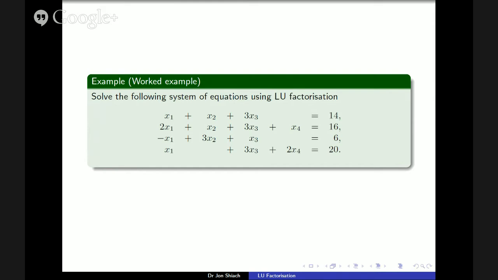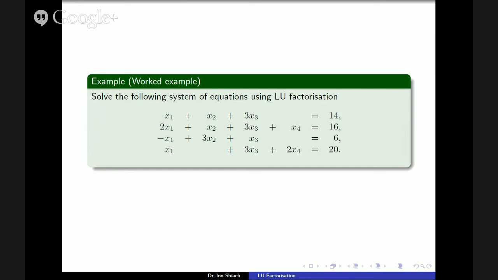For x3, we've got a coefficient of minus 8, so I'm going to multiply by minus 1/8. So it's going to be minus 28 minus 4 times 3. 4 times 3 is 12, minus 28 minus 12 is minus 40, and minus 40 over minus 8 is 5.